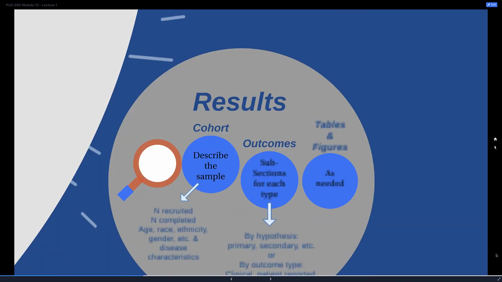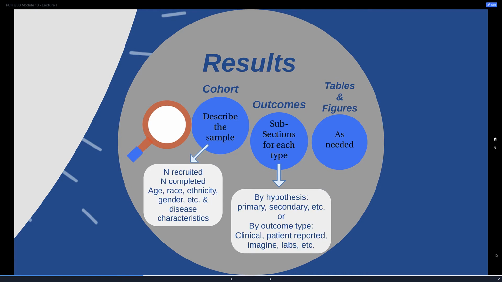And then also the results section often will have multiple sections. So you'll have the cohort results, so describing the sample, which has your N recruited, the completed, age, race, ethnicity, gender, and then disease characteristics or population characteristics. The outcomes results, and there generally is a subsection for each type of outcome.